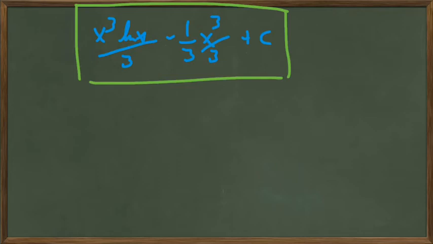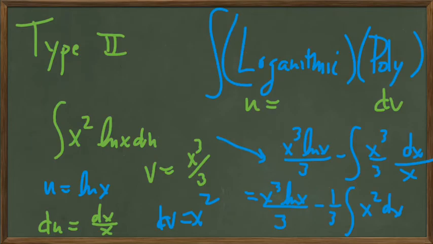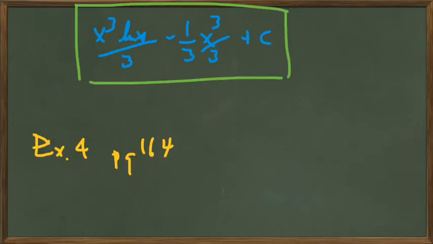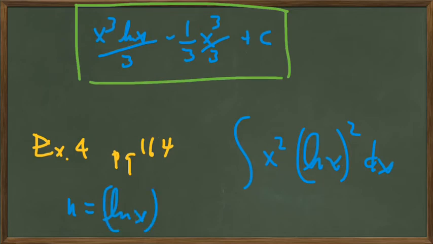Notice that in example 4 on this same page, when we have the logarithmic function raised to a power, then u is that, but we're going to have to do parts twice to do that.